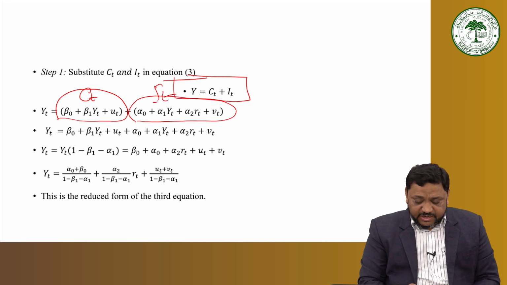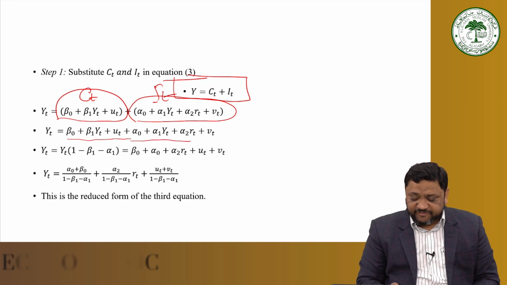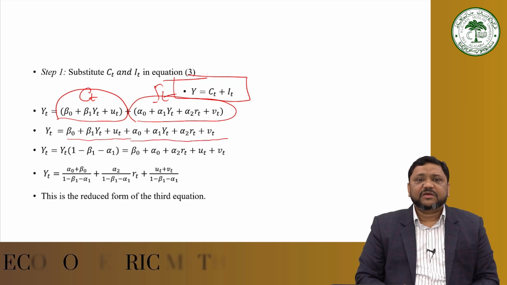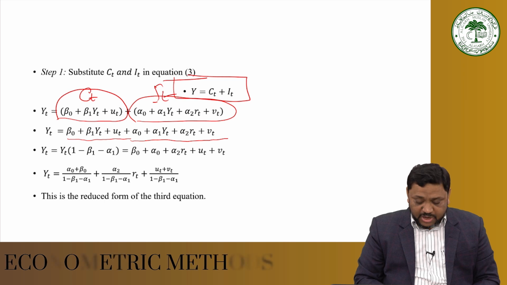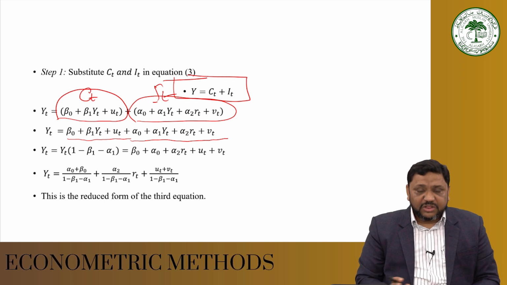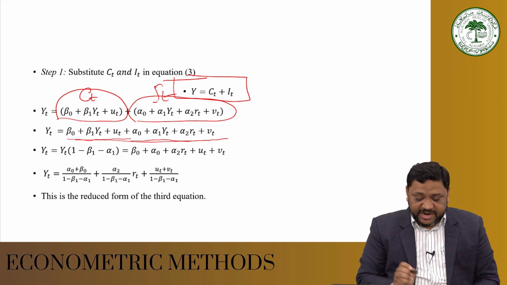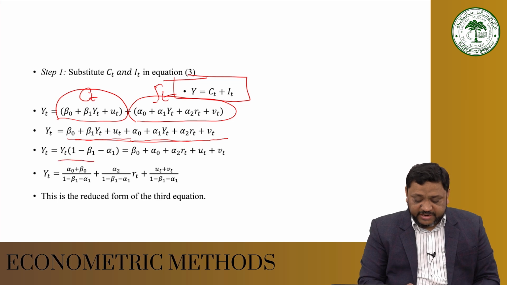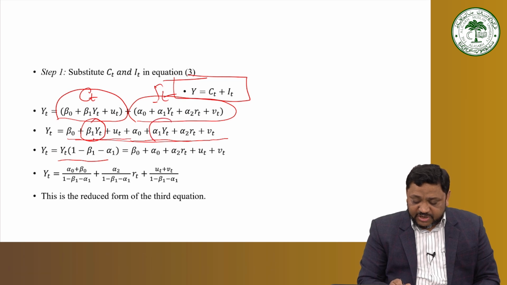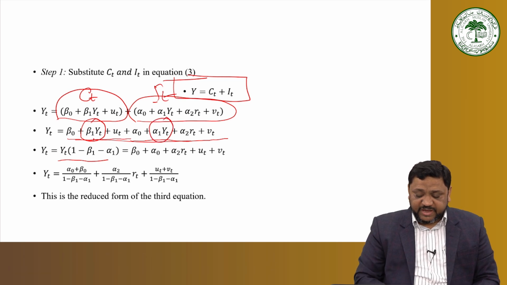So we open the bracket: beta naught plus beta 1 yt plus ut, plus alpha naught plus alpha 1 yt plus alpha 2 rt and the error term vt. Now we try to bring all the y terms together on one side. We take yt common.